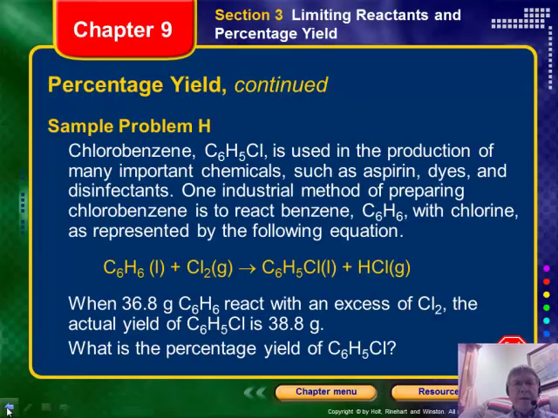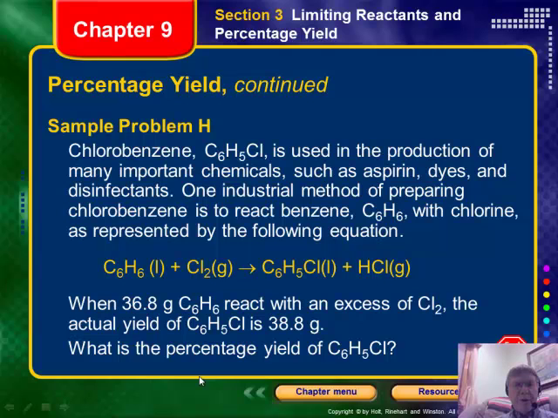So let's take a look at a sample problem here. We have chlorobenzene, C6H5Cl, used in the production of things like aspirin, dyes, and disinfectants. One of the ways that you can make chlorobenzene is to react benzene, which is C6H6, with chlorine, and that's given in this equation here.